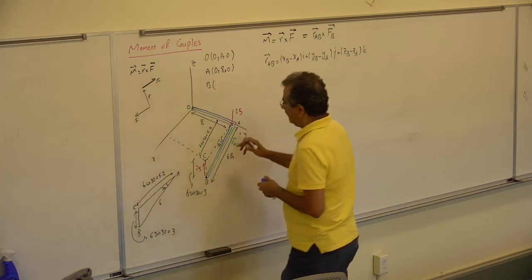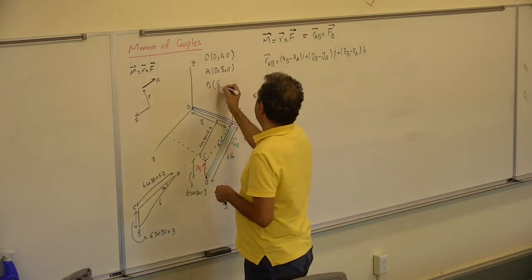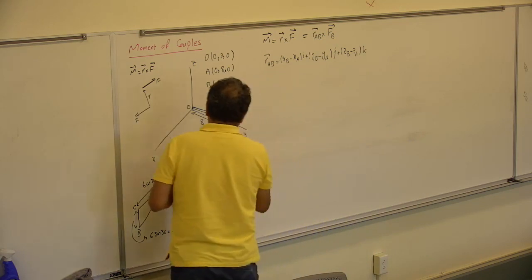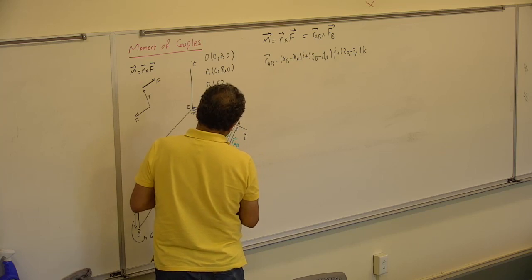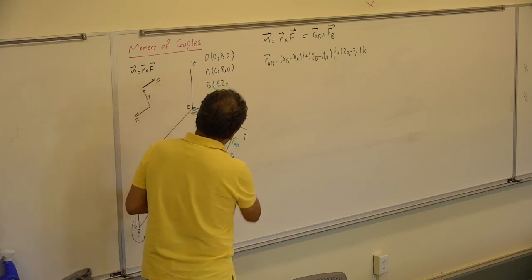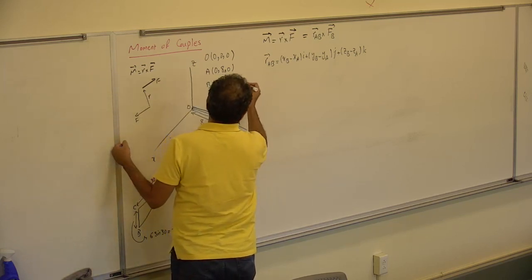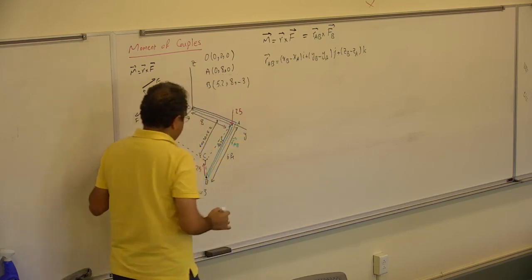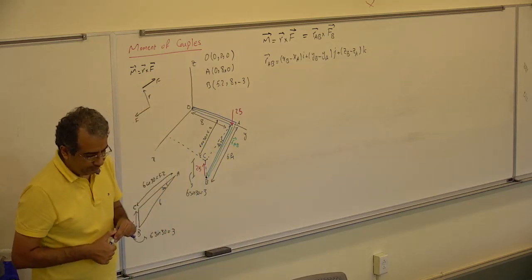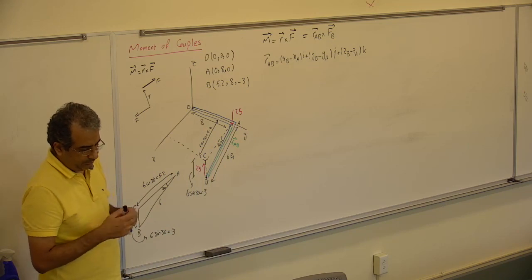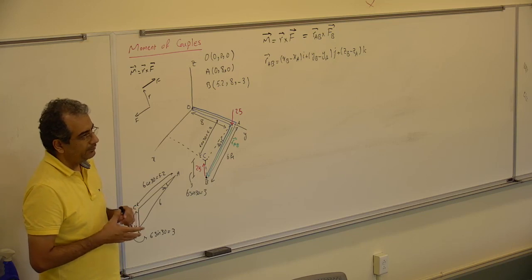So the coordinate for the point C, the x is going to be 5.2, the y would be 8, and the z would be negative 3. Right?